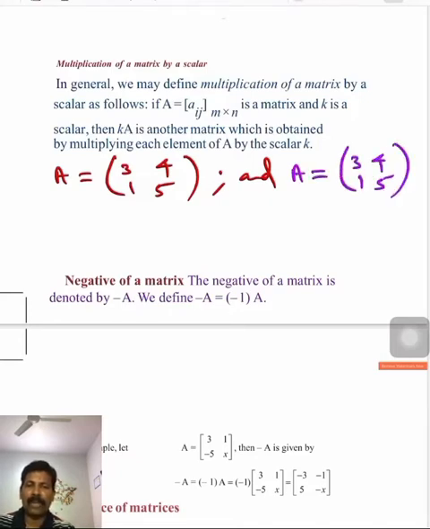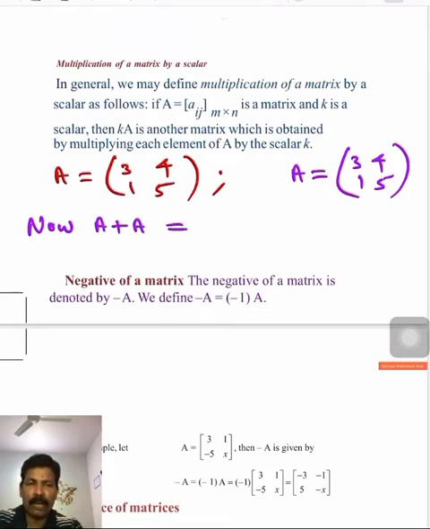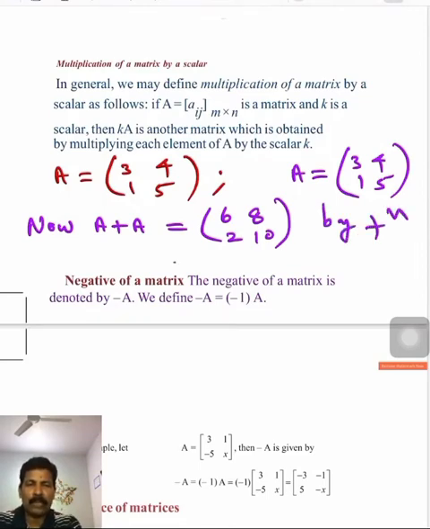We know how to add two matrices, so A plus A: we have to add the corresponding elements. 3 added to 3, 4 to 4, 1 to 1, 5 to 5. So A plus A is 6, 8, 2, 10. So here you can see that A plus A is 2A.